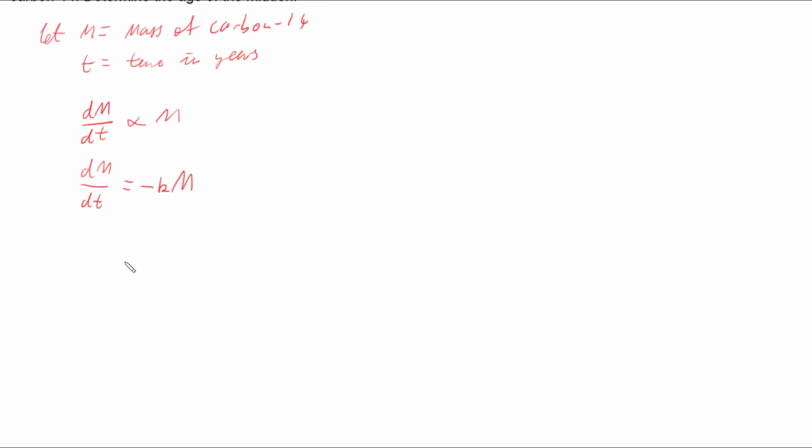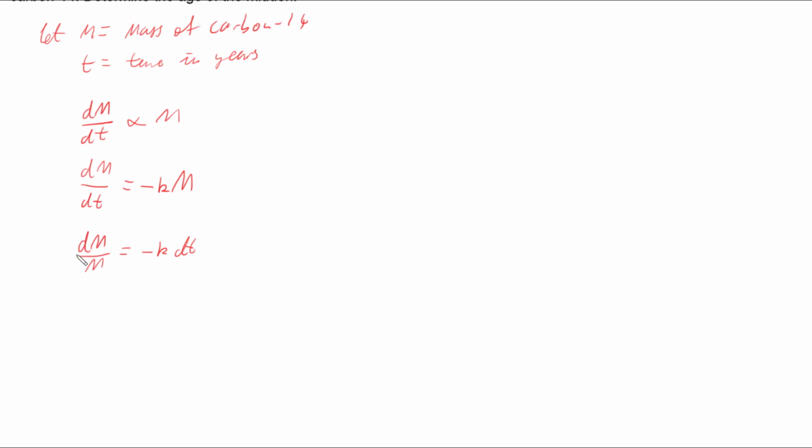Now we can rearrange this so that we get all the M's on one side and all the t's on the other side. I'm going to divide both sides by M, and multiply both sides by dt. That gives us dM divided by M is negative k times dt.